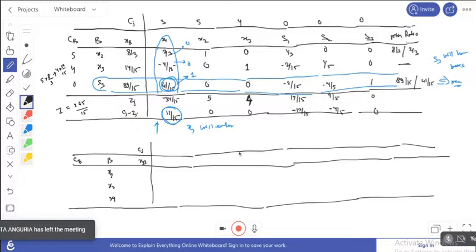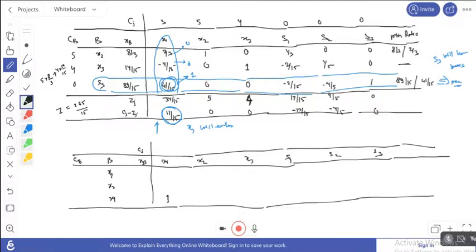So x1 will enter. Okay, so now by using row operation, your table is 1, by dividing R3 by 41 upon 15. Okay, so if this 15 is cancelled out, this becomes 89 over 41.